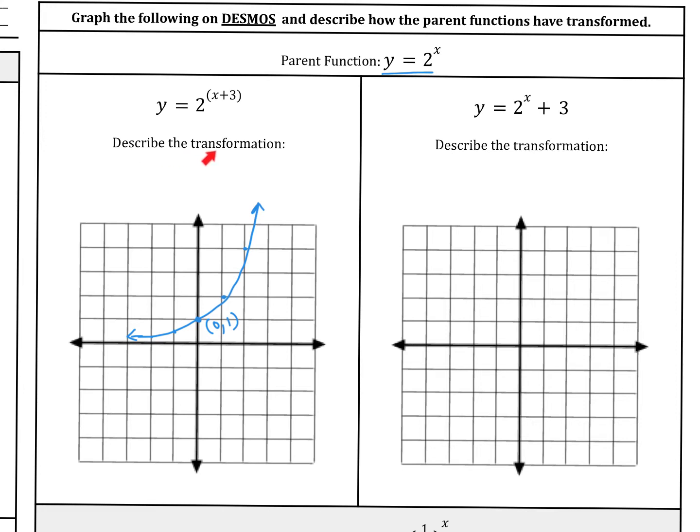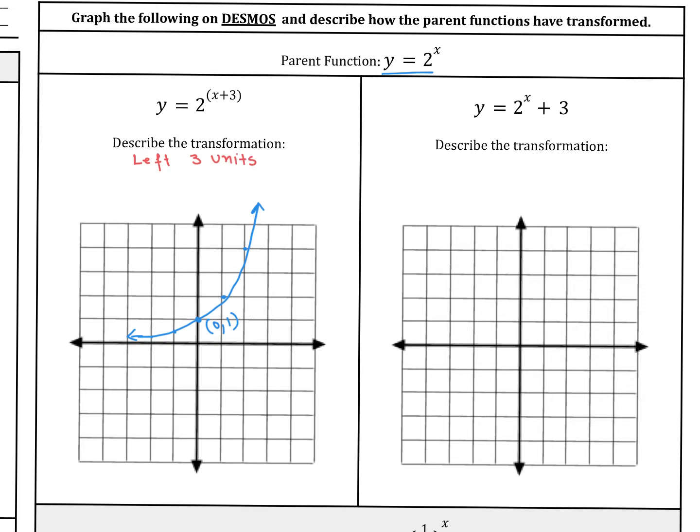Now we are going to describe the transformation. This number plus 3 is right next to x, which means this is a horizontal transformation. If it is plus 3, then you're going to move left 3 units.